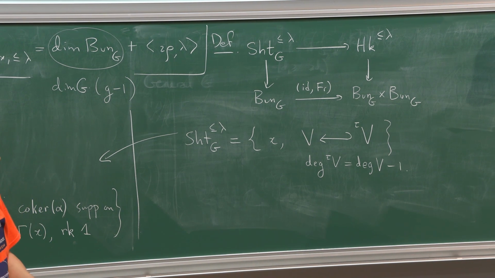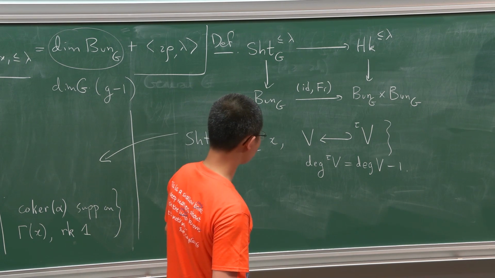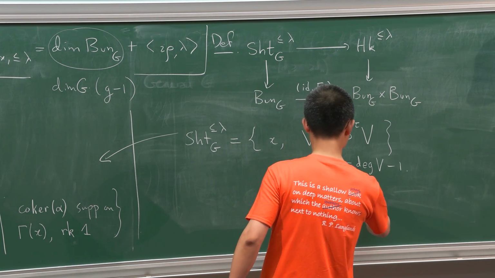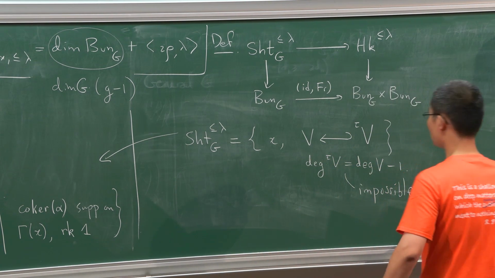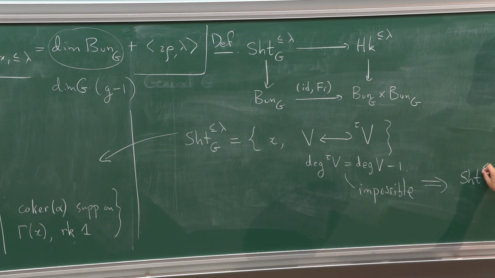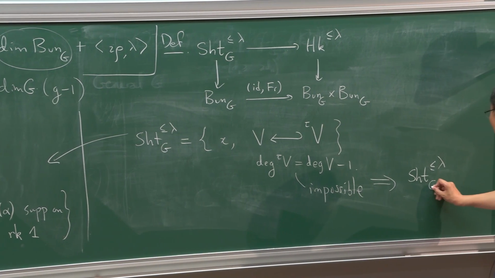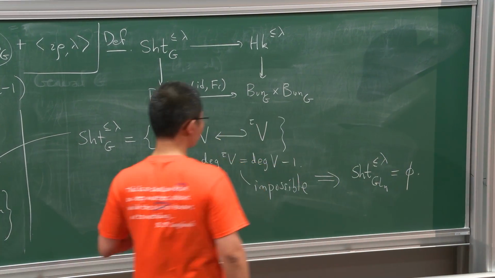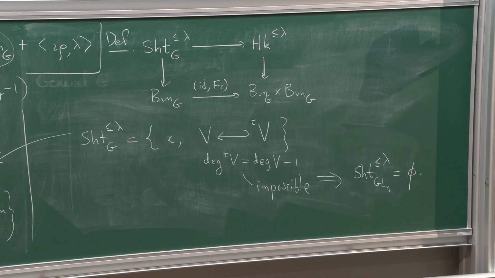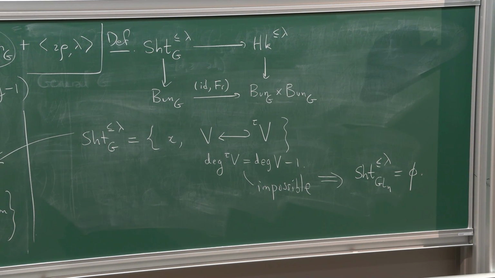This is the Frobenius on the test scheme, on the coefficients. So this is impossible, which means for this particular lambda, if you put the bound, the Shtuka moduli space is empty. So that's not very exciting.